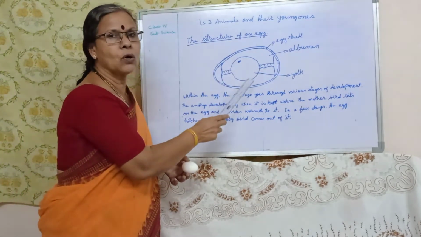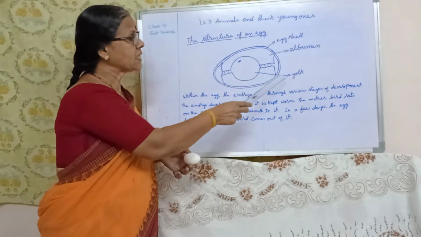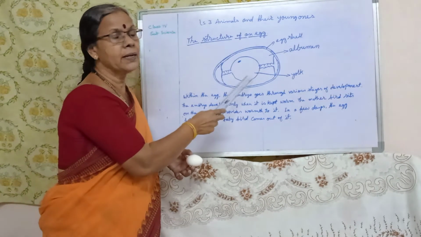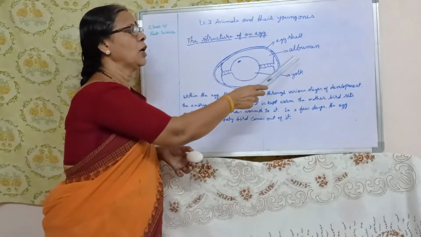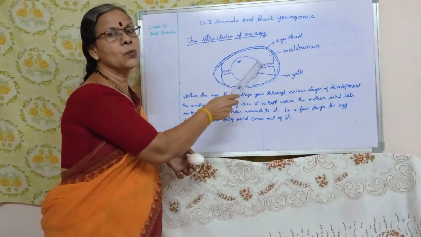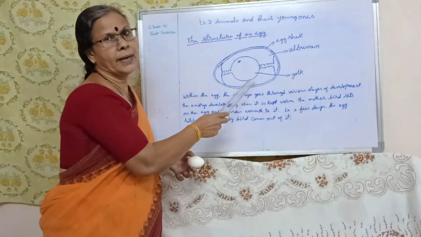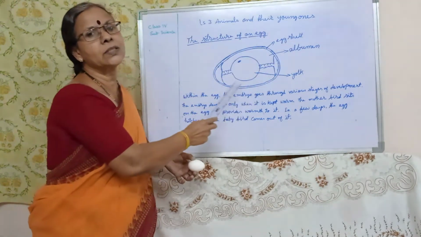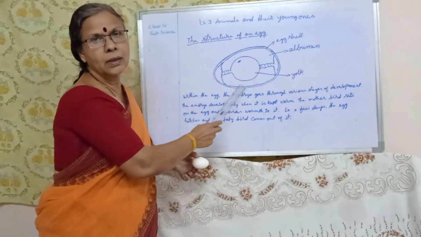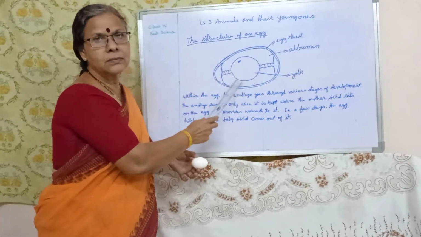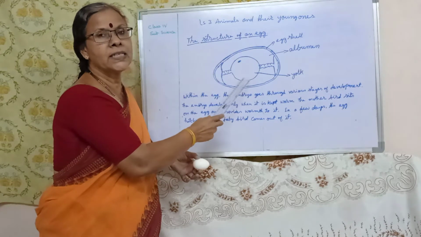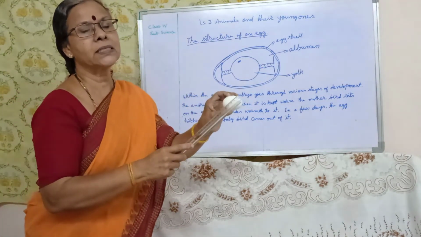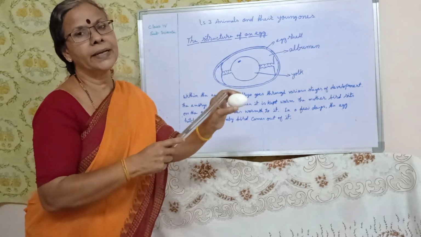This yolk provides food for the embryo, and the albumen also provides water to the embryo. And this hard shell protects the whole process going on inside, the layers inside.